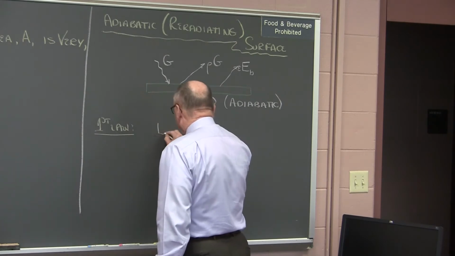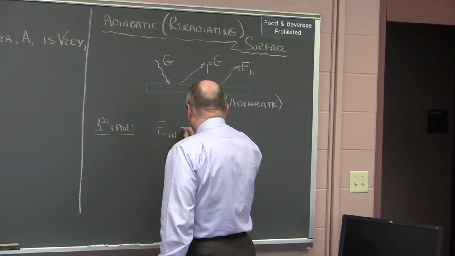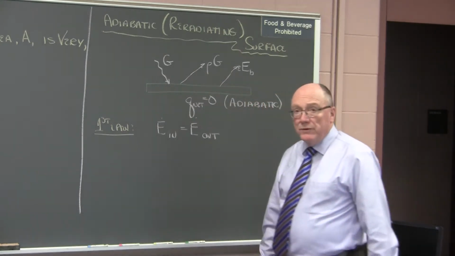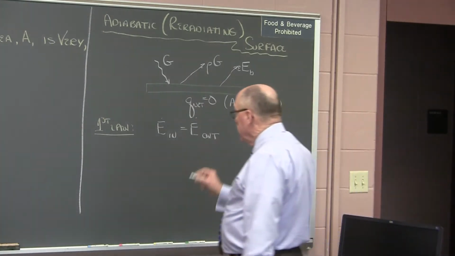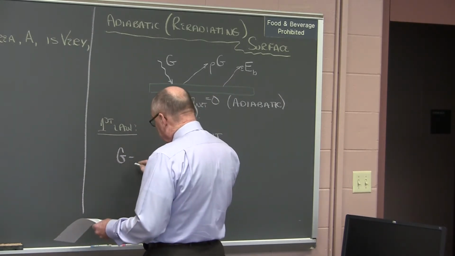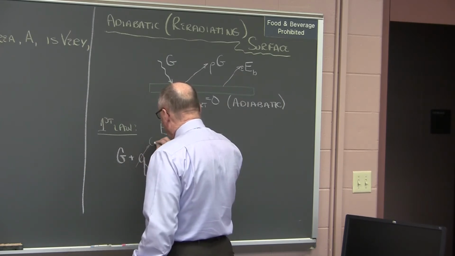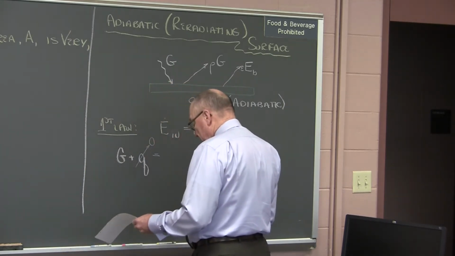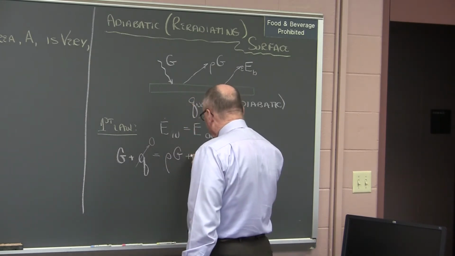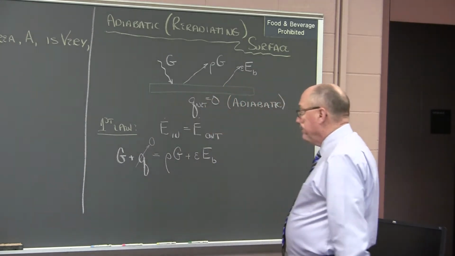We'll start off with the first law that we started the course with. That is that energy rate in must equal the energy rate out. The energy rate in is G, and that's going to be equal to plus Q, and that's going to be equal to 0 because it's already said it's adiabatic, plus rho times G, which leaves, plus the emissivity times the black body emissive power.